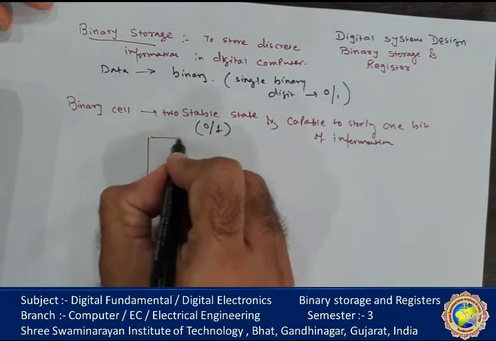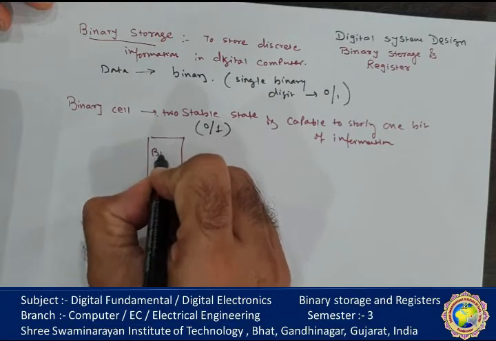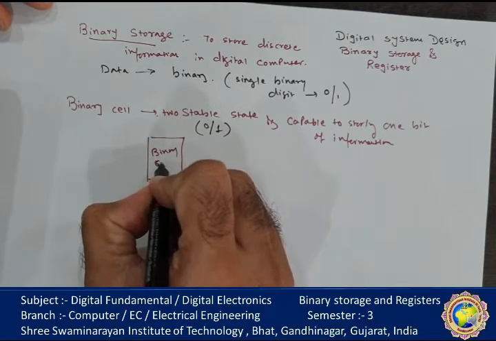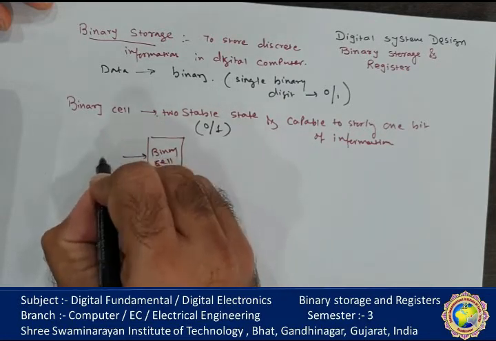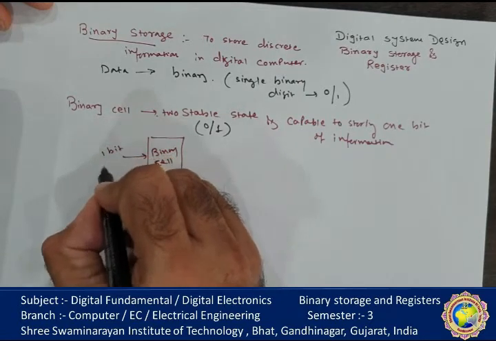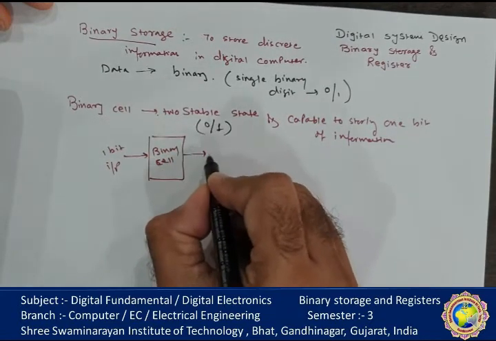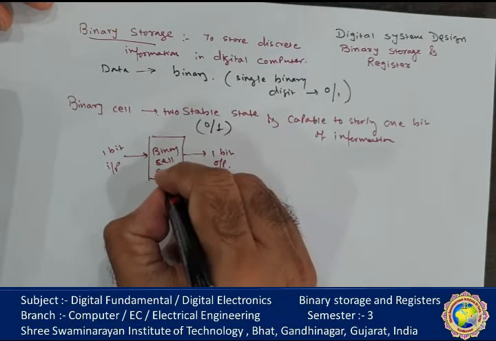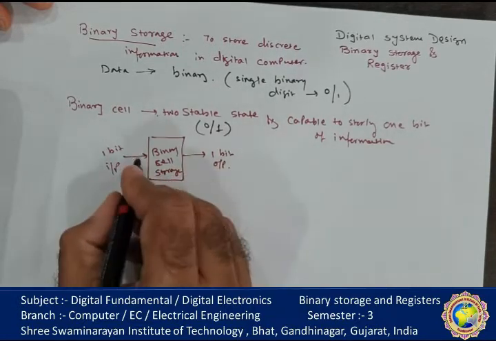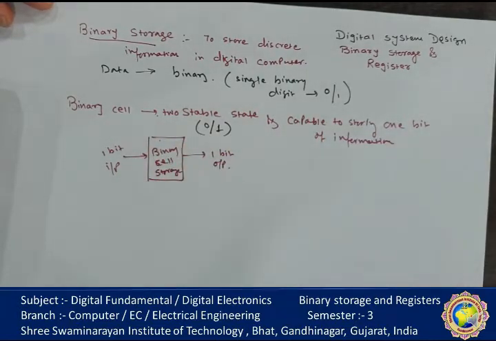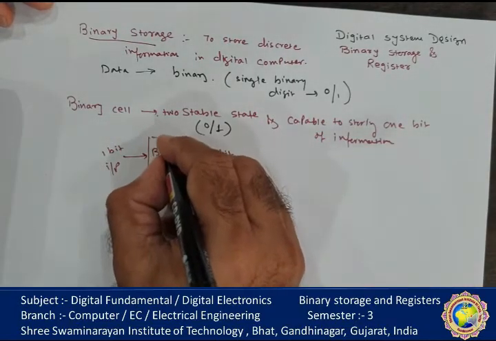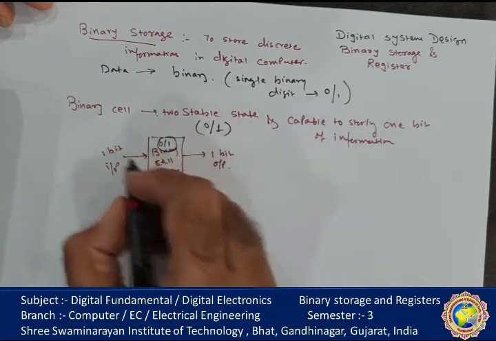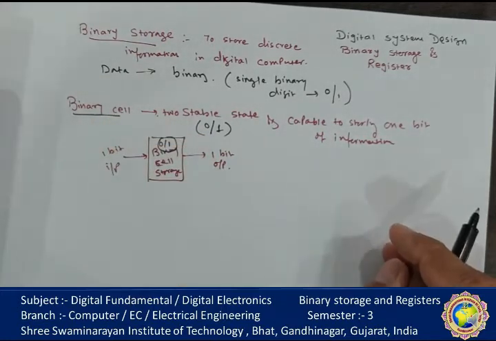So a device, binary cell, where there is one bit input and output, and this is a storage of data. Suppose I want to store 0 or 1, whatever the data is, one bit of information is stored in this. It is known as a binary cell.